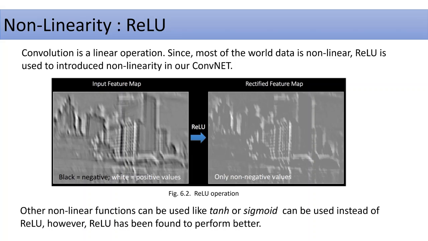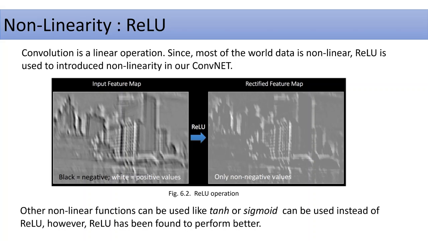Why do we need this ReLU thing to happen? In most real world applications, the data is non-linear in nature, and our convolution is an element-wise multiplication, that is a matrix multiplication. So it is basically a linear operation. There is no non-linearity aspect present in the convolution part.